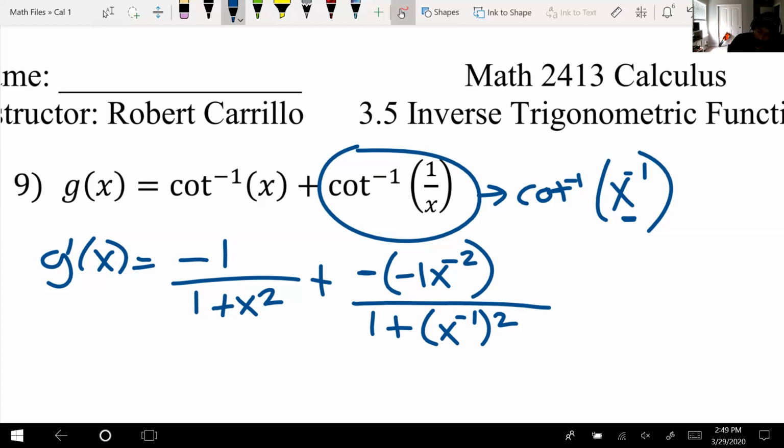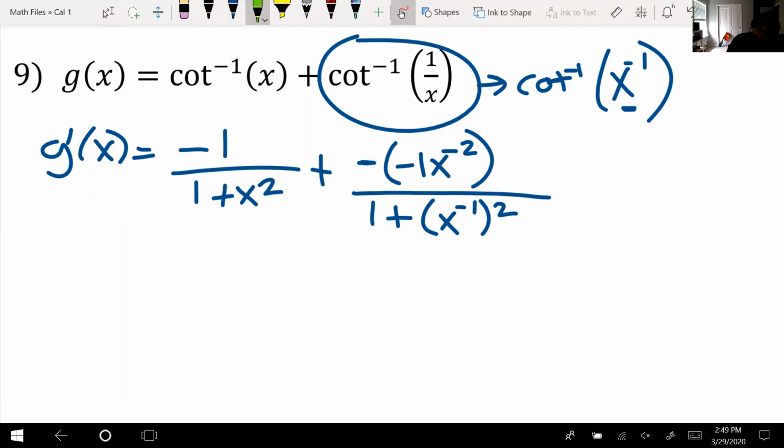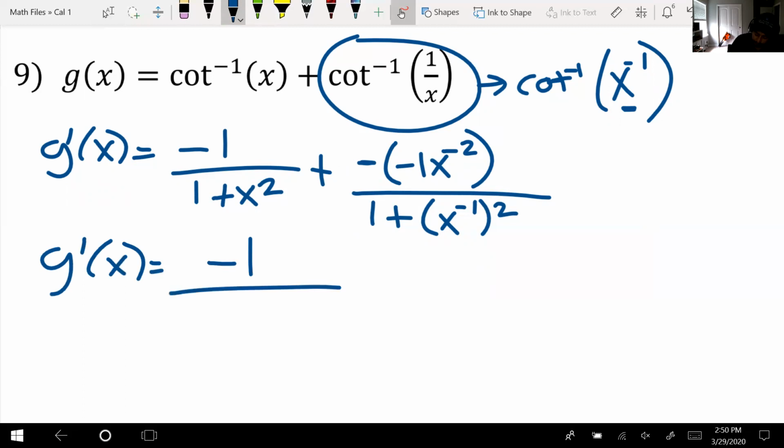Okay. Cleanup time. Don't forget that little negative there. That comes from the chain rule formula for cotangent. So g prime of x equals negative 1 over 1 plus x squared, and now negative, negative, all that becomes positive.